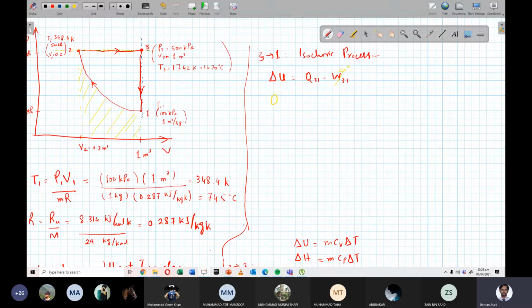And we pretty much know this, but we could have directly written that Q31 is just going to be equal to mCV delta T, ठीक है?